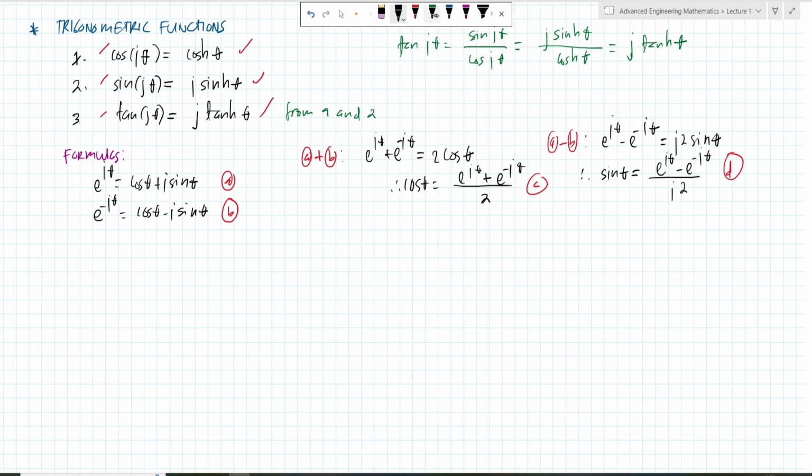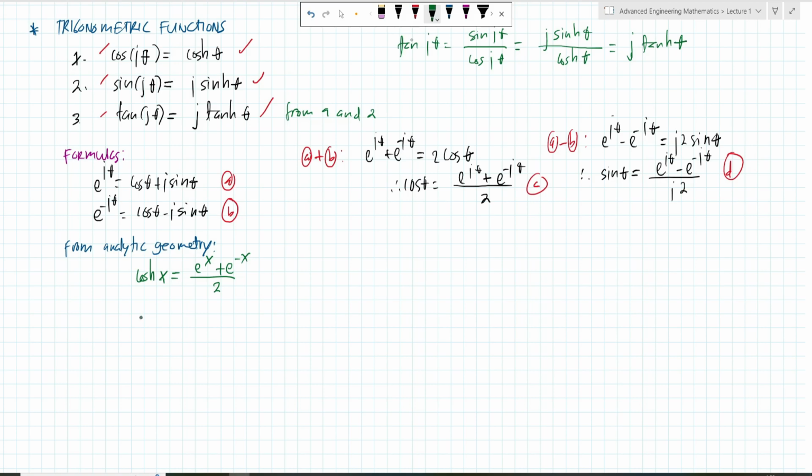Cosine hyperbolic of x is equal to e raised to x plus e raised to negative x over 2.